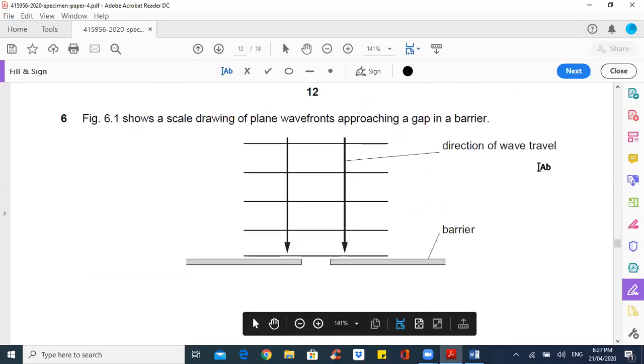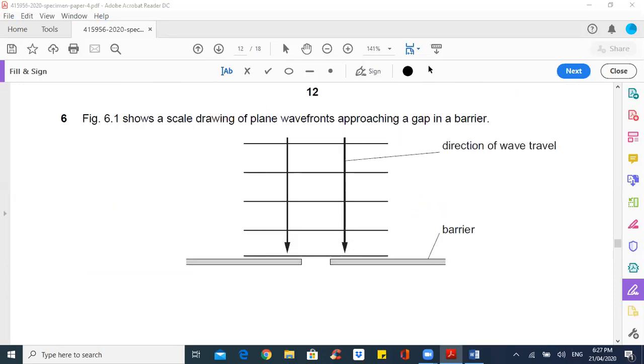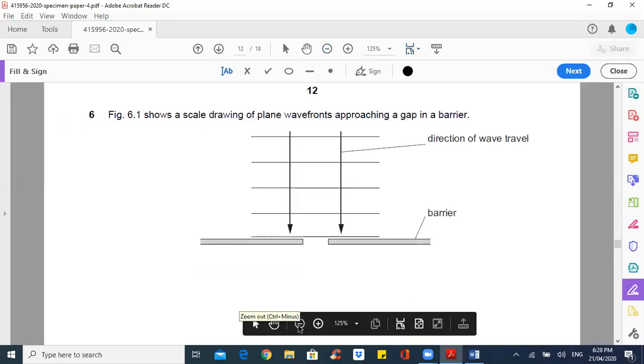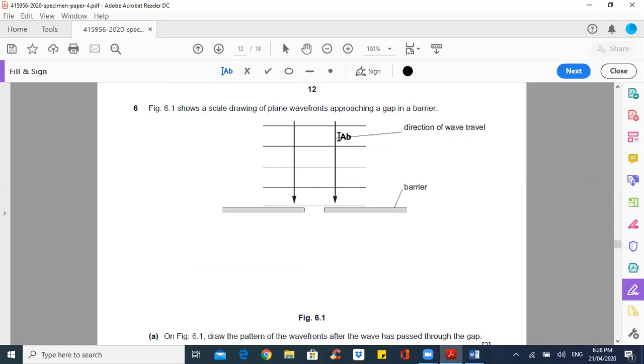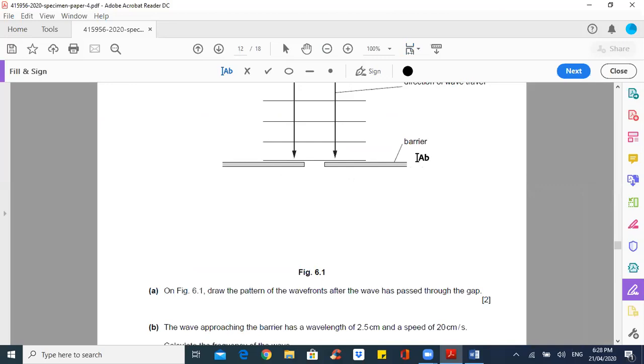All right. Figure 6 shows a scale drawing of wave fronts approaching a gap in a barrier. They said on figure 6.1, draw the pattern of the wave fronts after the wave has passed through the gap.